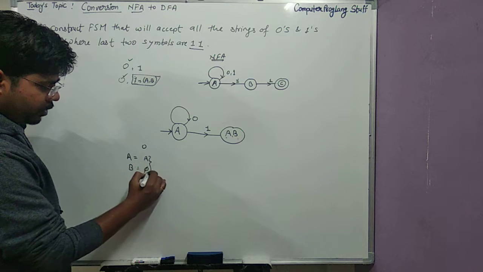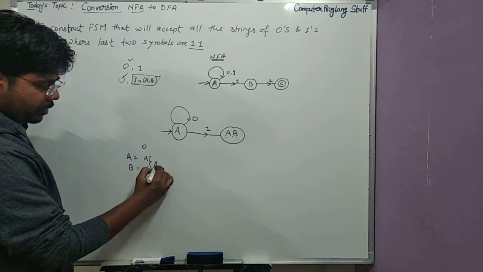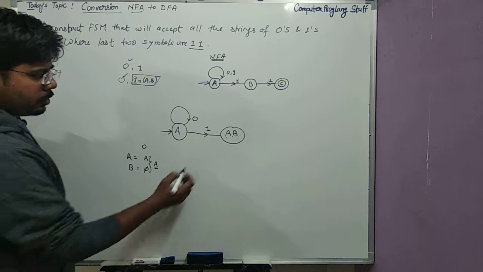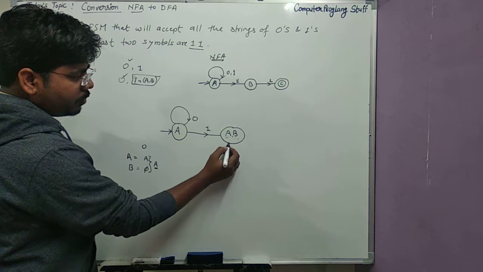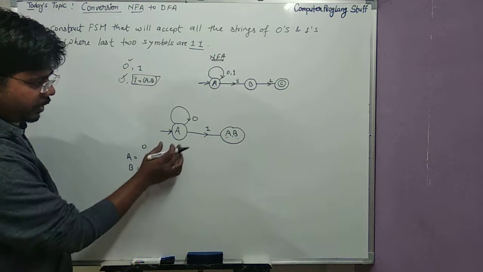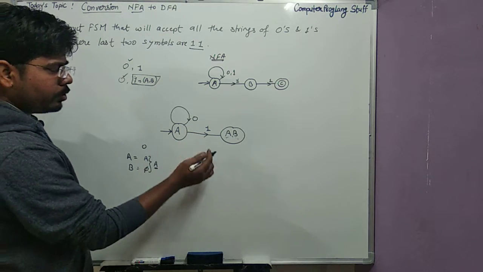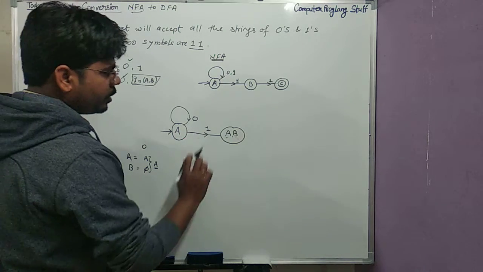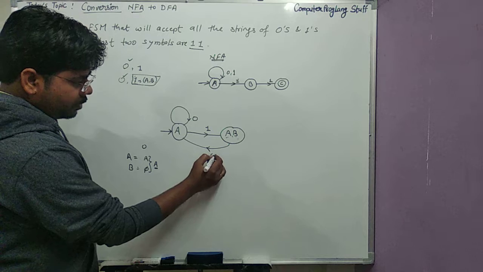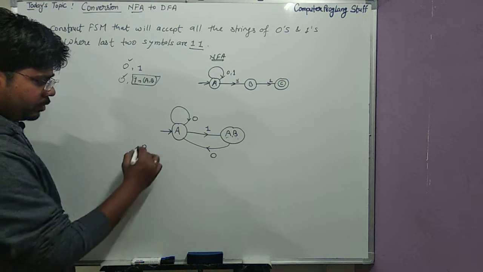Now the union of these two is A, so finally you get A. That means from this state, on 0, you get A, and A is already present here, so you do not need to draw it again. So 0 is complete.